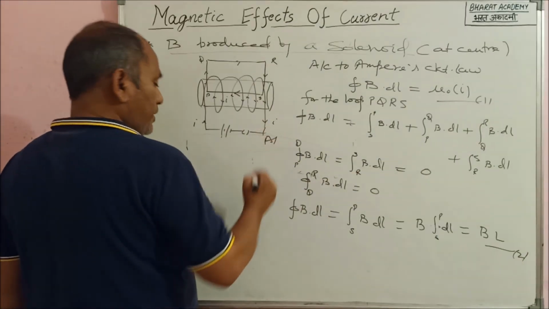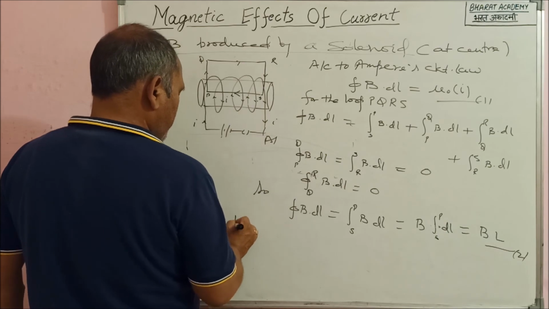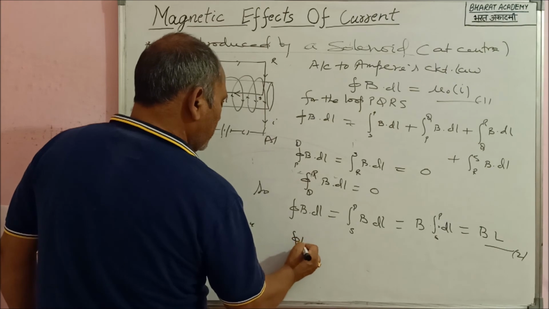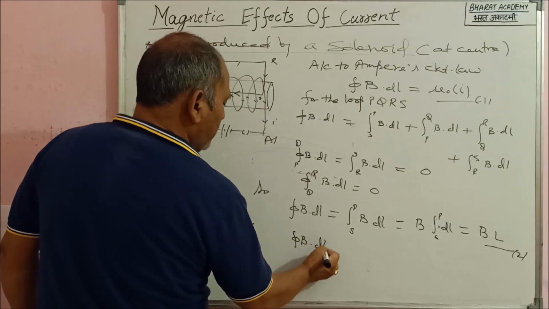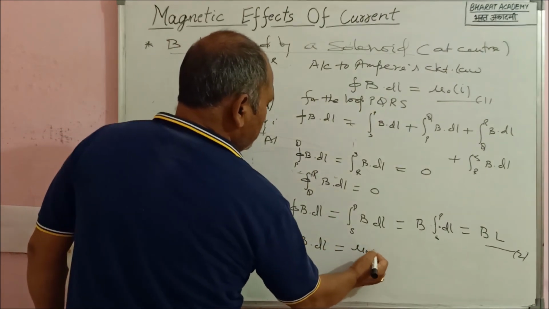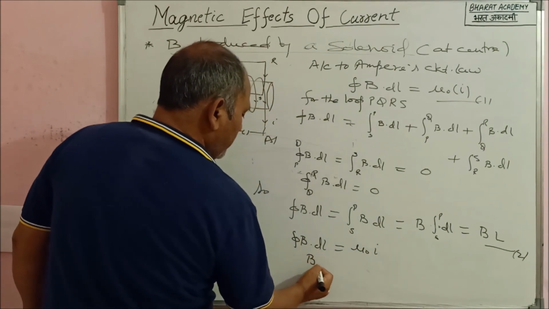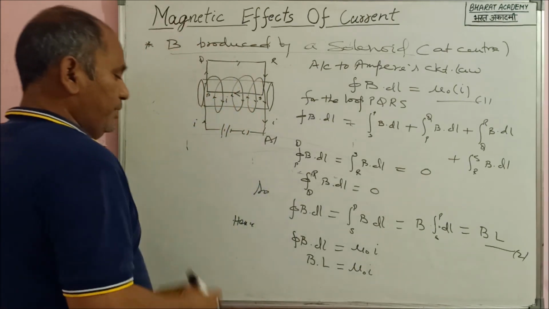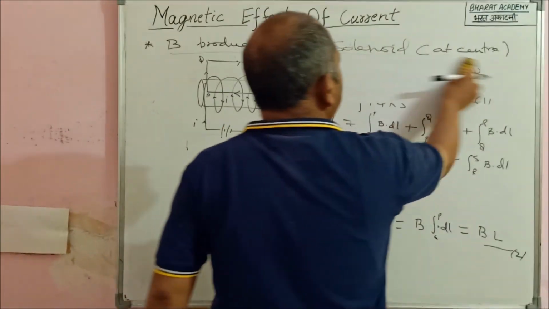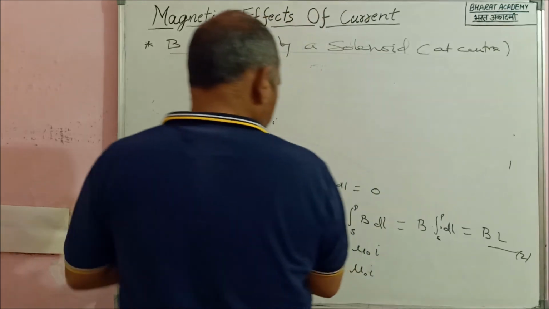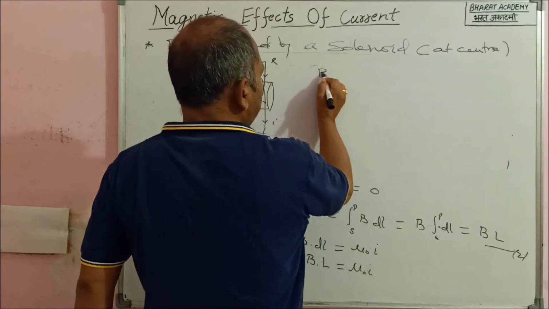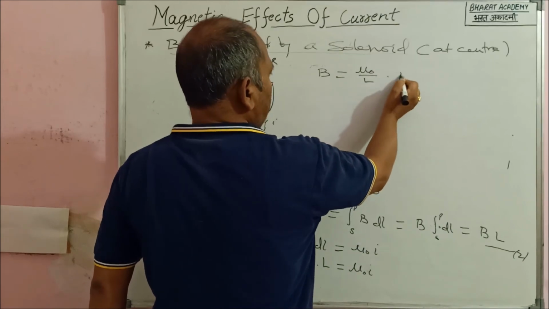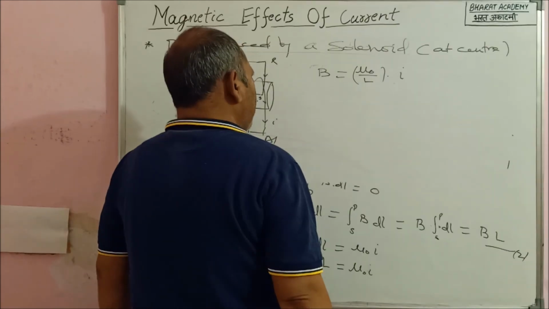So if I substitute here, this closed integral of B dot dl is mu 0 times I, and we got B into L equal to mu 0 times I. So what will be the magnetic field? B will become mu 0 by L into I, right?